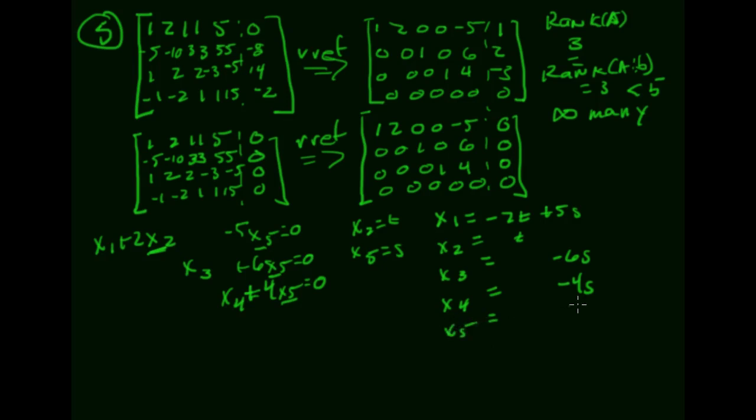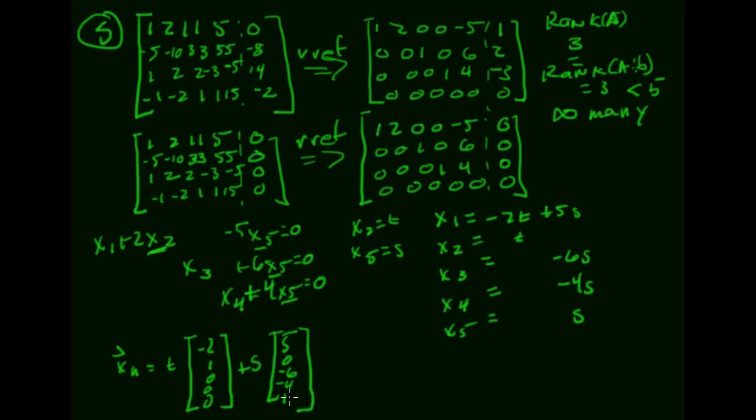And x5 is just s, which means that all of the homogeneous solutions have to be of the form t times -2, 1, 3 zeros, plus s times 5, 0, -6, -4, 1, which is very different than the answer that I had put up earlier, because the answer that I put up earlier is completely wrong.